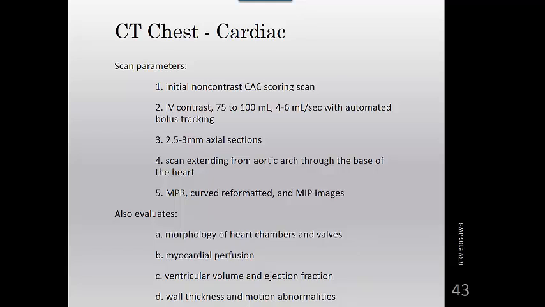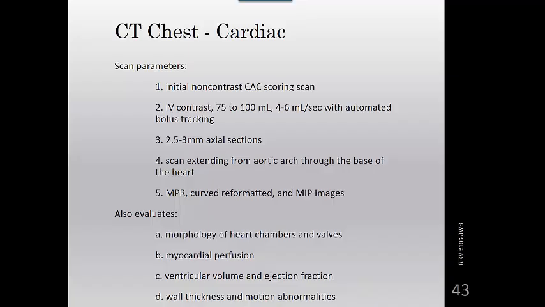The second scan is an IV contrast enhanced scan with 75 to 100 milliliters of contrast that's injected at 4 to 6 milliliters a second. And we're going to be using 2.5 to 3 millimeter axial slices extending from the aortic arch to the base of the heart. And then multiple reconstructed images are going to be submitted, including the MPRs, curved reformats, and the MIP images.